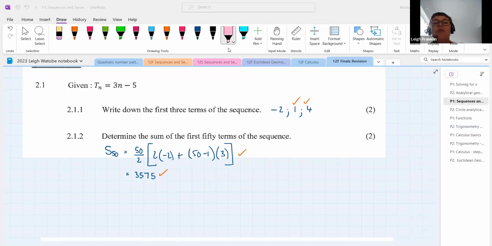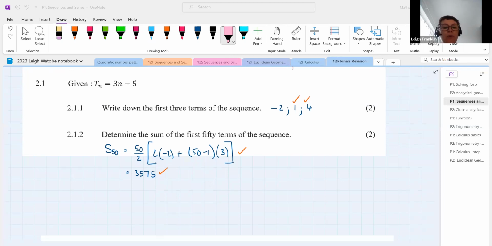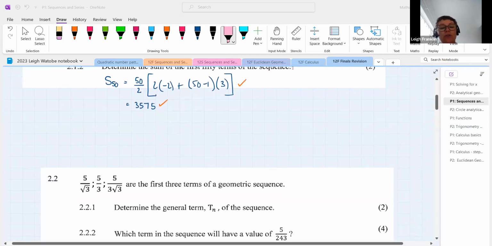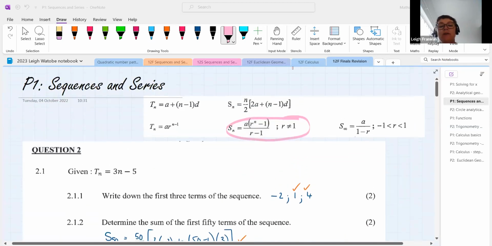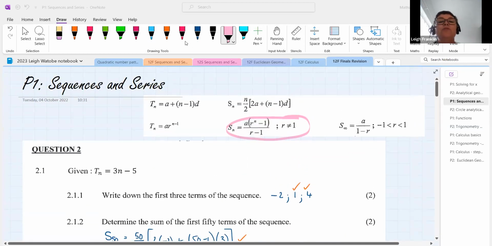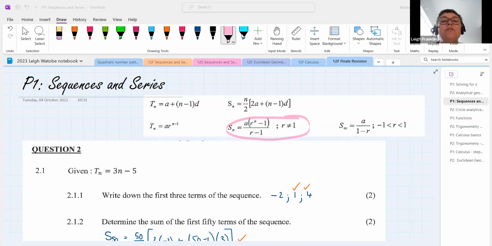That's okay. I know it's difficult when the screen is going up and down and you don't have the questions in front of you. So for question 2.2.1, determine the general term Tn of the sequence. Which one is the correct one to use? The one on the left. No problem, Mikhail. There we go. It's going to be this one over here.